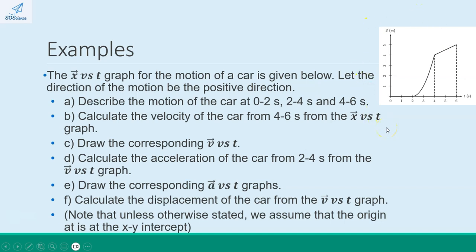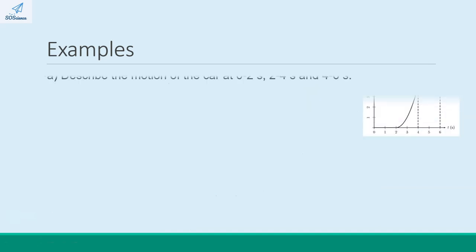Calculate the acceleration of the car from 2 to 4 seconds from the VT graph, which we don't have yet. Draw the corresponding AT graph. Calculate the displacement of the car from the VT graph. And note that unless otherwise stated, we assume that this point here where the x and y axes meet is the point of origin. So let's start.